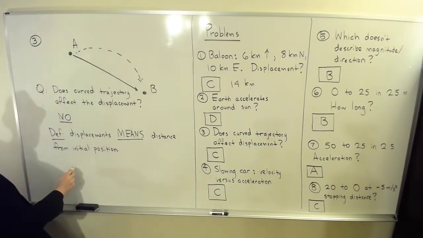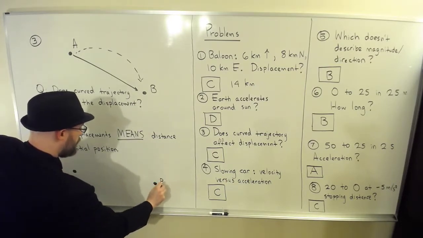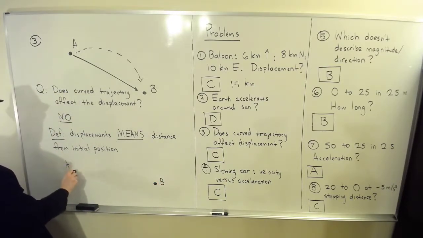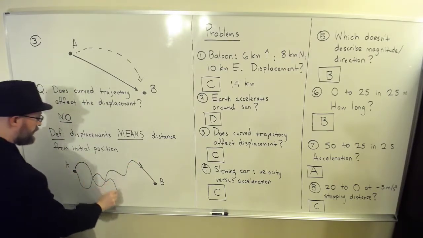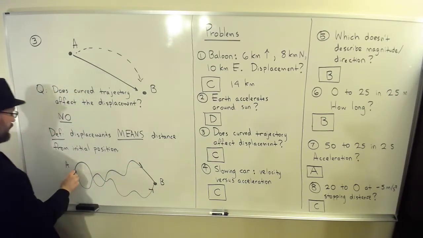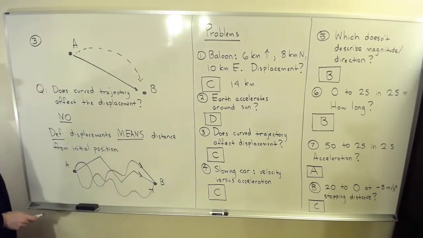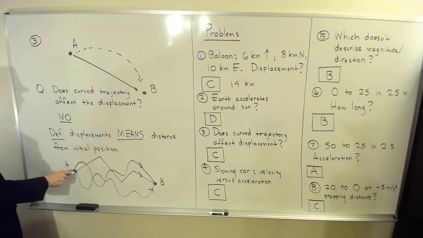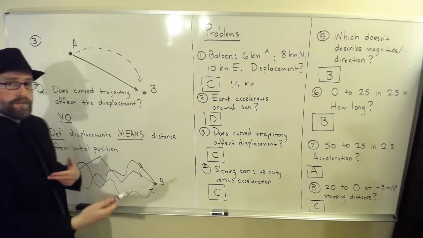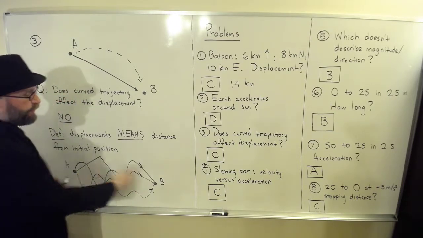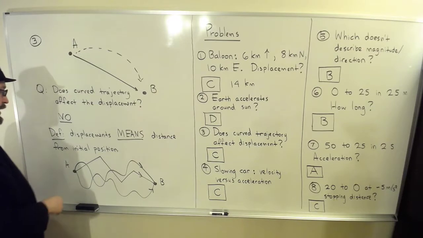If this is point A here, I redraw point A, and point B over here, you could take any number of different paths from A to B, any way you want to go, like this. The displacement will be the same, because all that displacement can see is where did you end up versus where did you start. That's all it cares about.